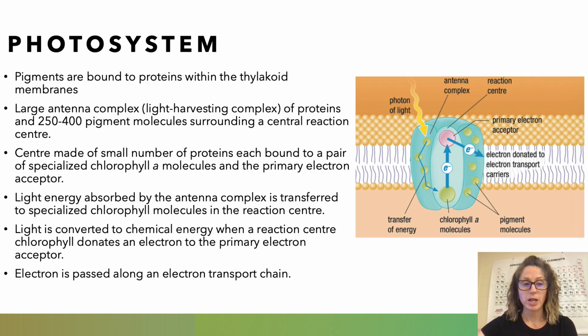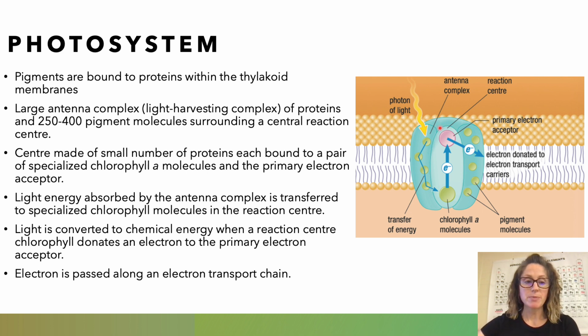Okay, so let's quickly look at the photosystems, and then that is a wrap for this introductory lesson. We have two different photosystems, but we are just going to talk about a generic photosystem structure to begin with.